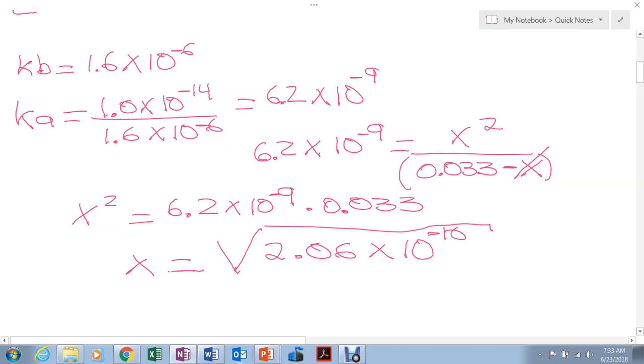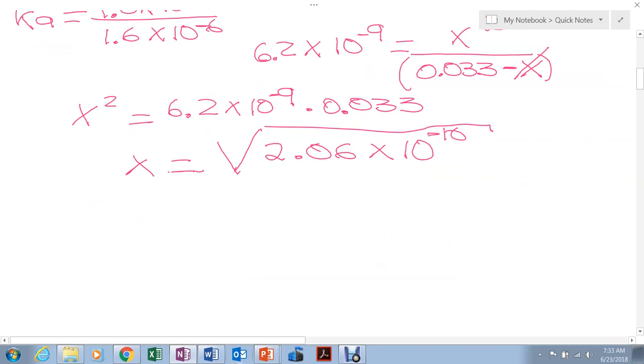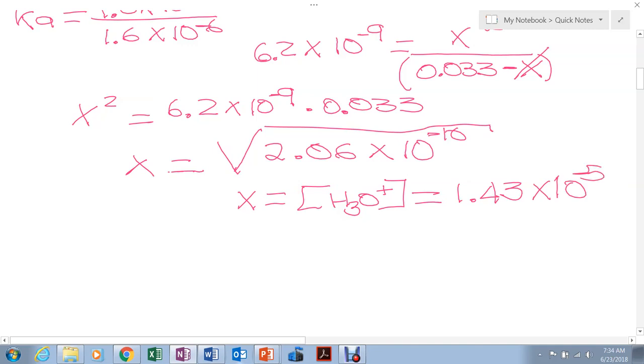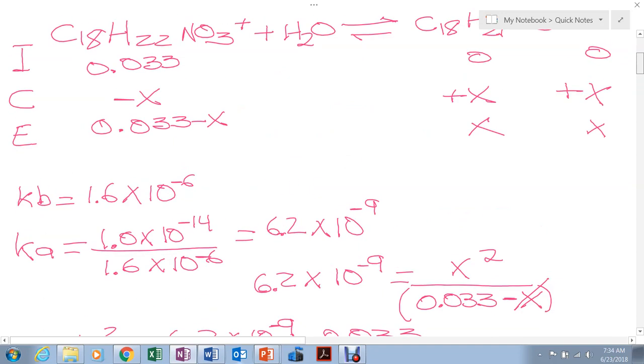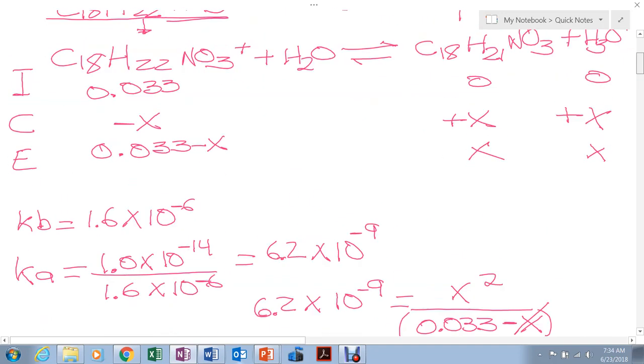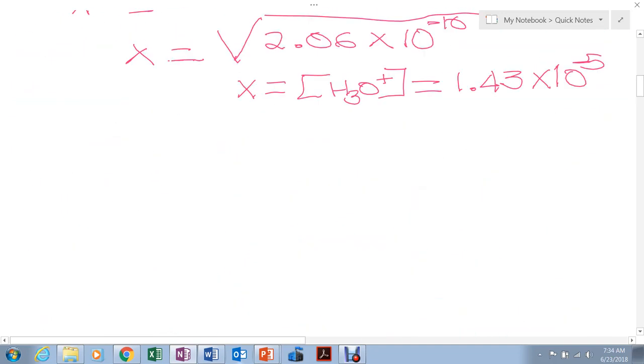And x, which is the concentration of hydronium, that's correct, right? Equals 1.43 times 10 to the negative 5. Here you have it. You see? The hydronium concentration. So the pH would be equal to 4.85.